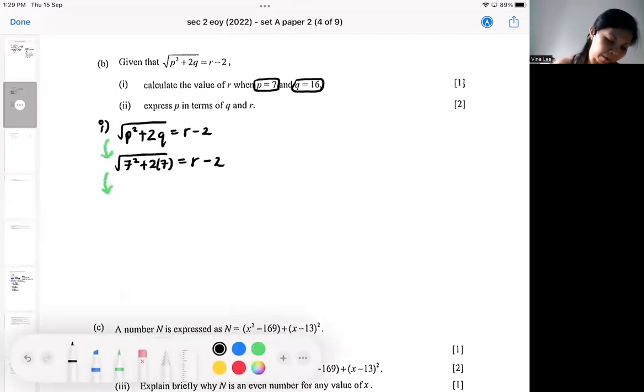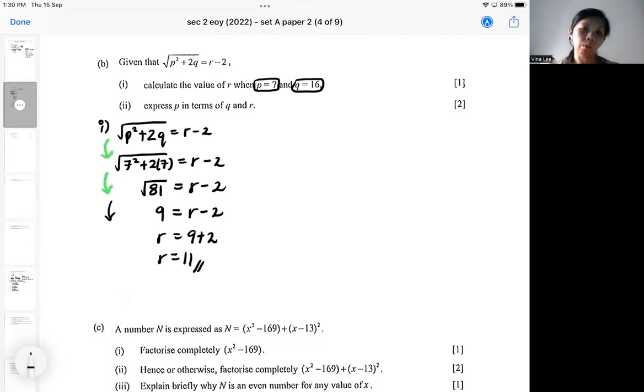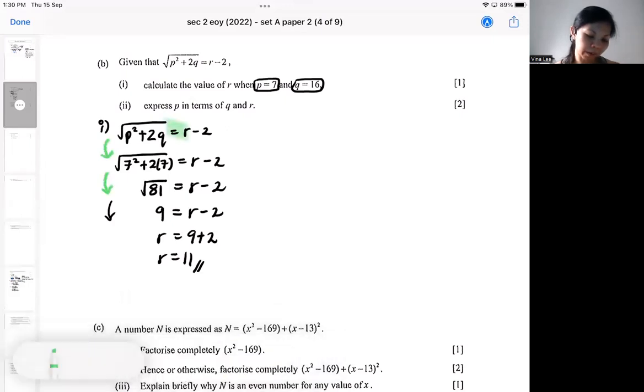You simplify the values. In this case, you simplify, you got 81. And you simplify some more, that will be 9. So from here, r is equal to 9 plus 2. From each line to another line, there's a flow, and as I'm flowing, I keep the equal sign intact.